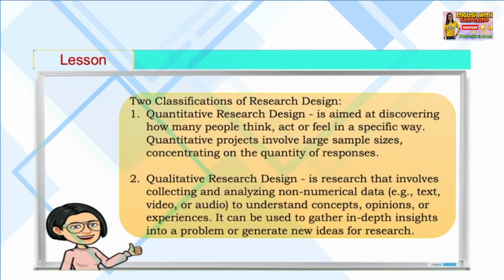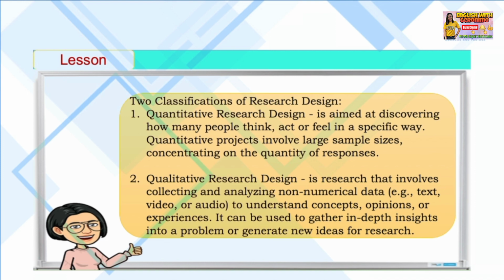There are two classifications of research design. Number one, quantitative research design is aimed at discovering how many people think, act, or feel in a specific way. Quantitative projects involve large sample sizes concentrating on the quantity of responses.